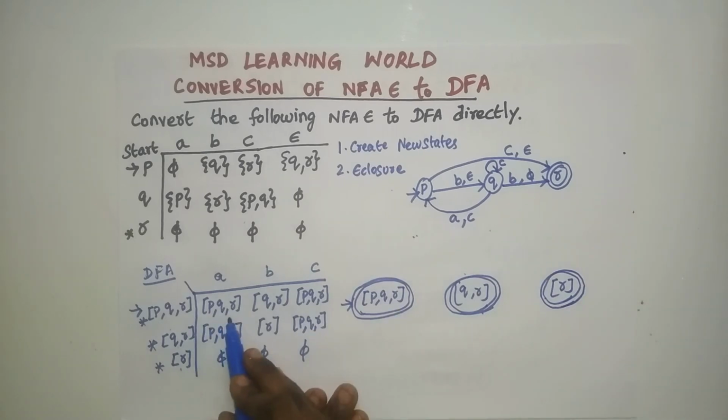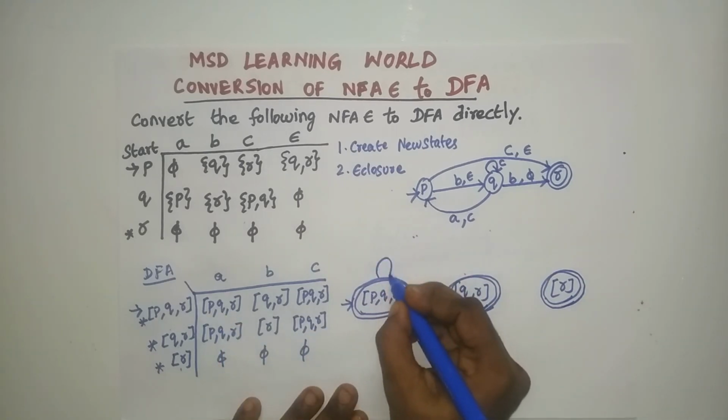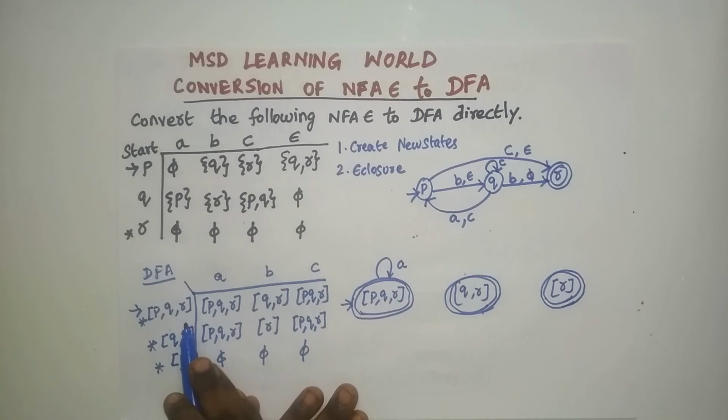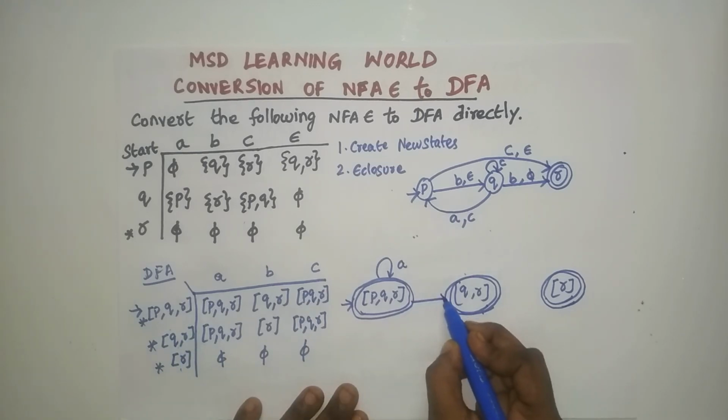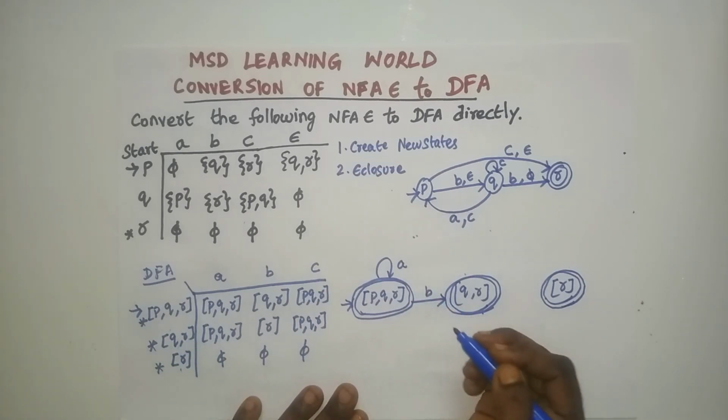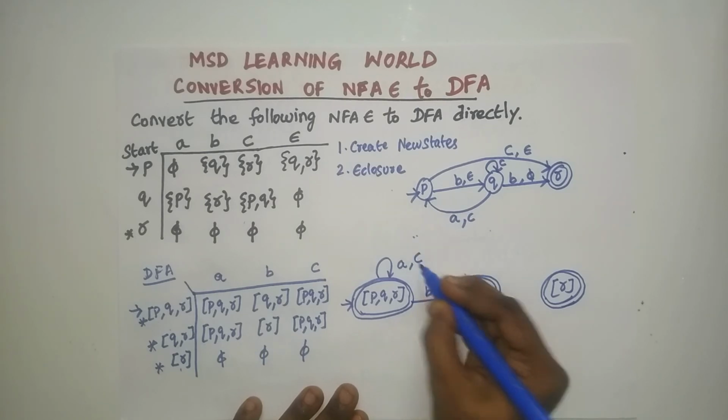So now P comma Q comma R on A goes to the same state. Then P comma Q comma R on B goes to Q comma R. Now P comma Q comma R on C goes to the same state.